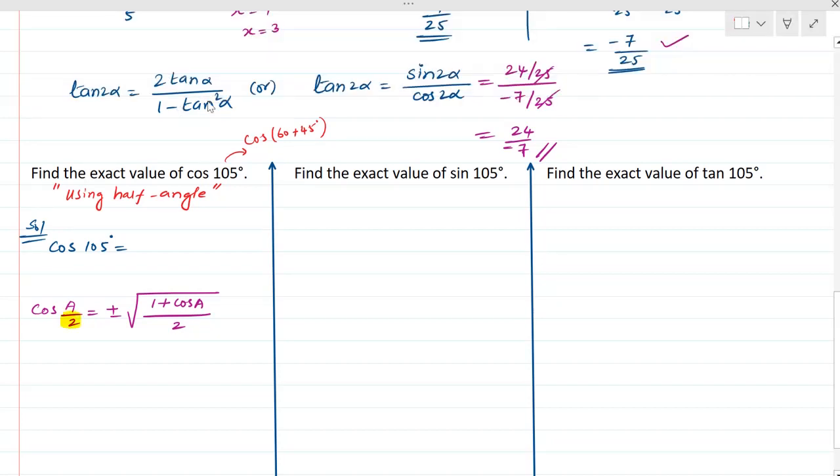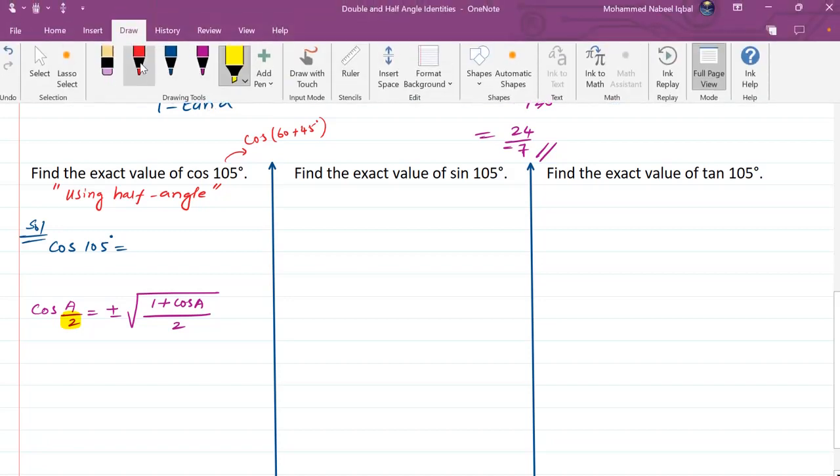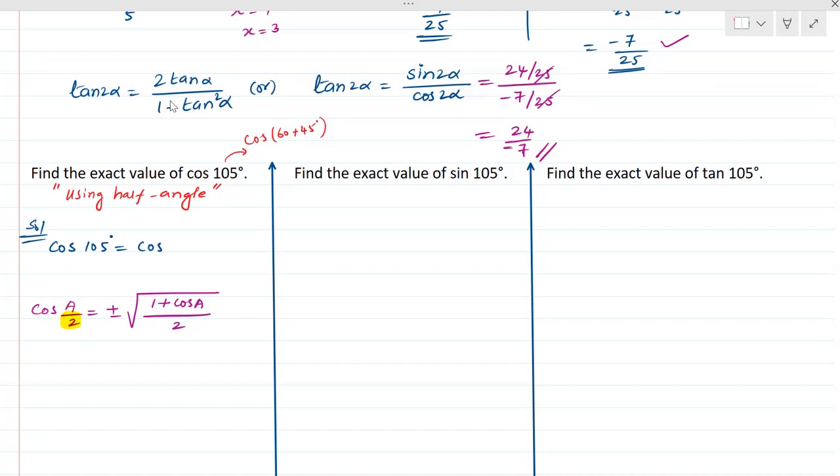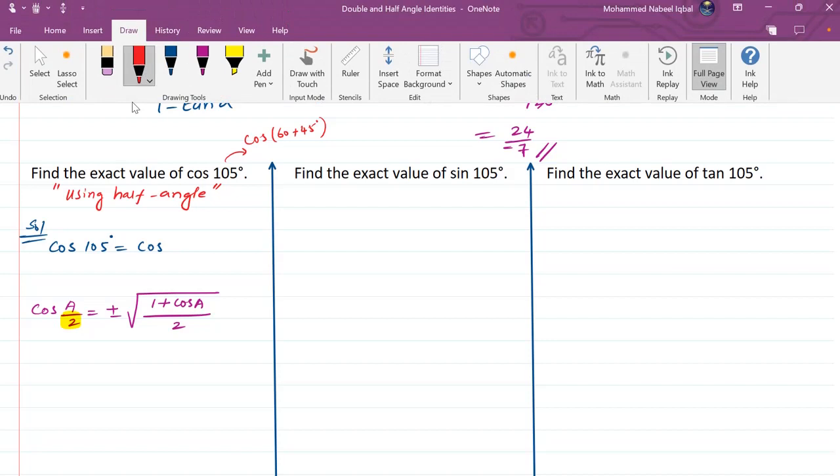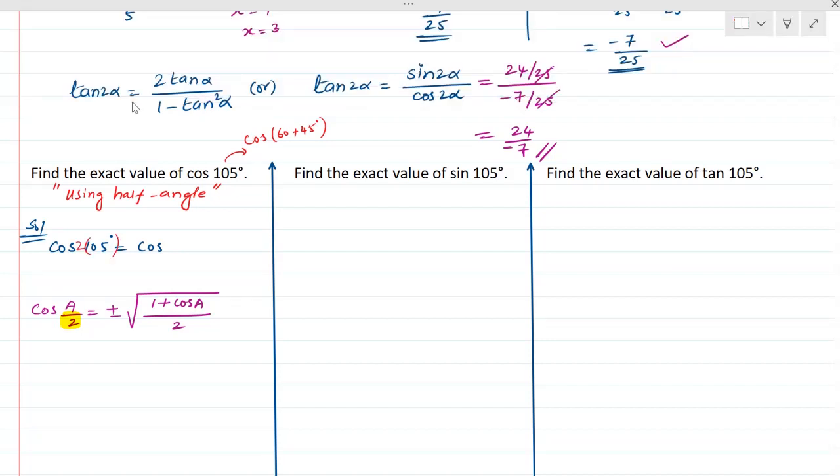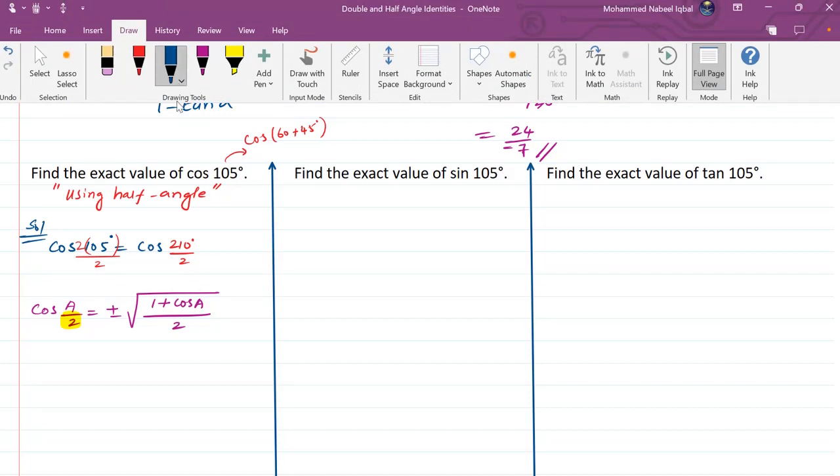Otherwise, we cannot apply the half angle until we have the over 2. So for that, I multiply and divide by 2. When I multiply and divide by 2, we get 210 over 2, which is equal to 105. Now you can apply the half angle because we have the angle over 2.